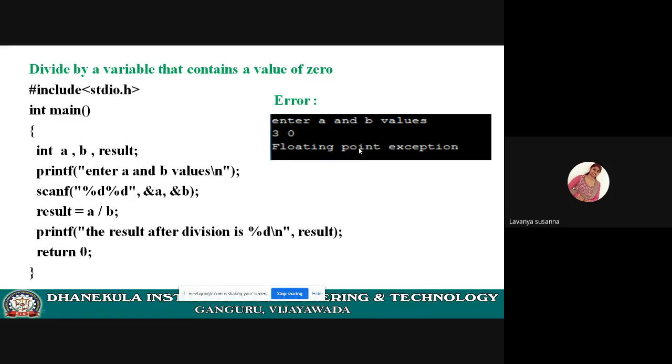There is an exception, floating point exception, invalid operation. It is undefined, so you won't get any result. This is the runtime error after execution. Once again, see the error.